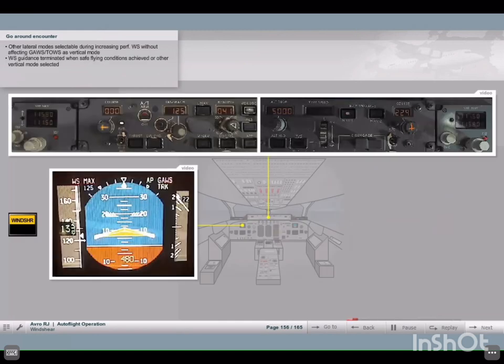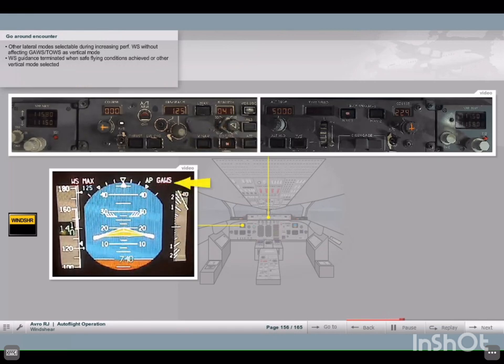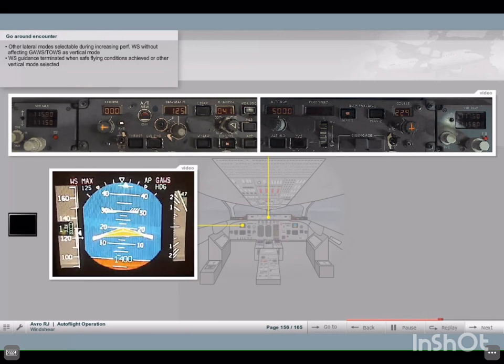During an increasing performance wind shear, new lateral modes can be selected without affecting GAWS or TOWS as vertical mode. Either when safe flying conditions are achieved or another valid vertical mode is selected, wind shear recovery guidance is terminated.